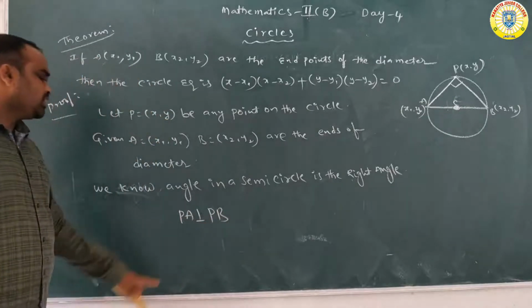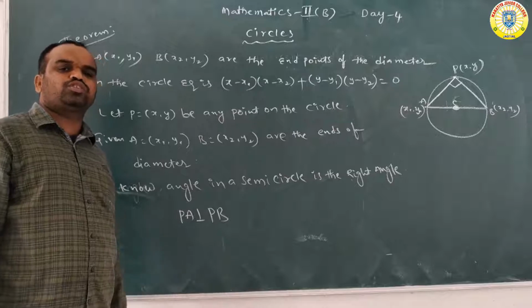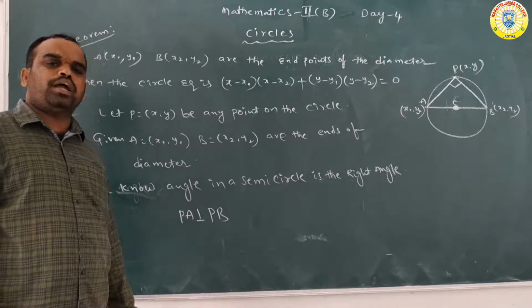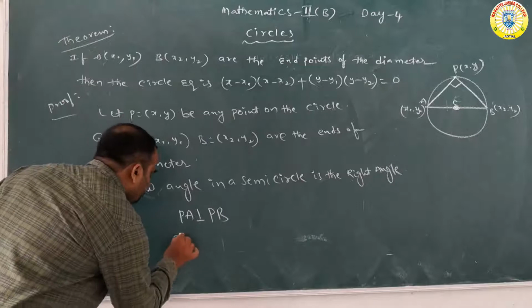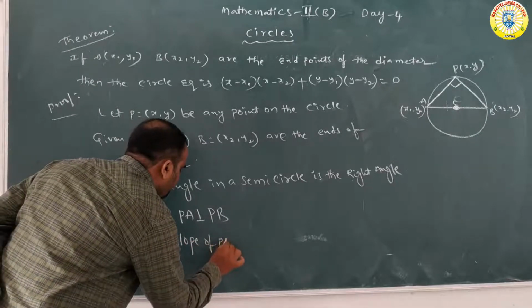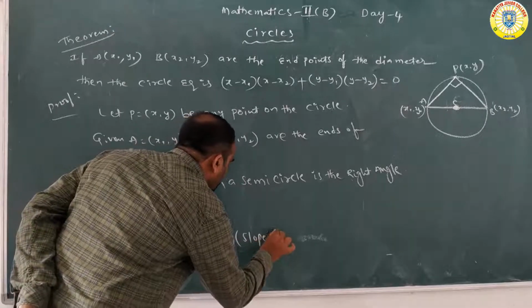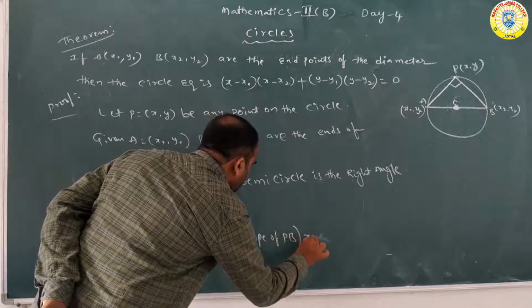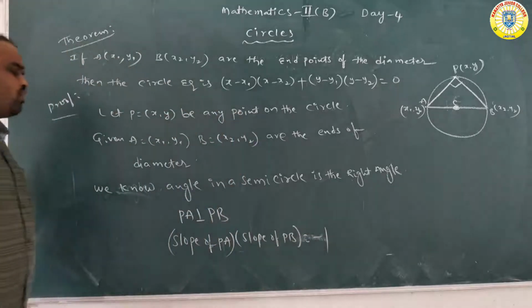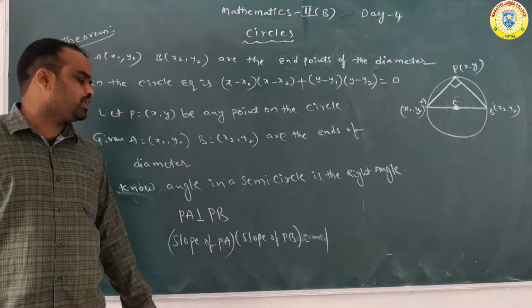Now, when any two line segments are perpendicular, the product of the slopes is -1. So we can apply: slope of PA into slope of PB is equal to -1.